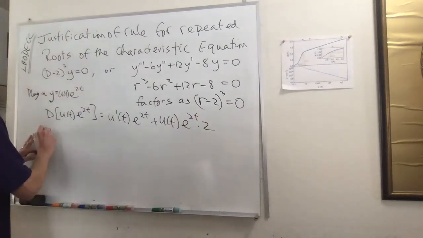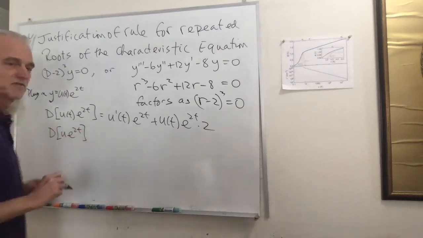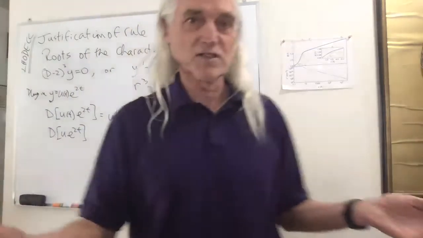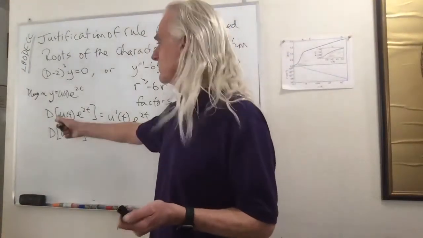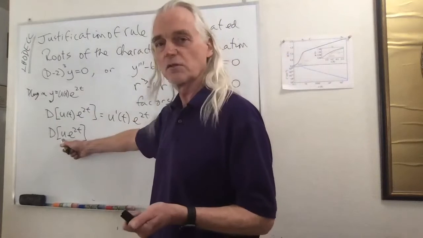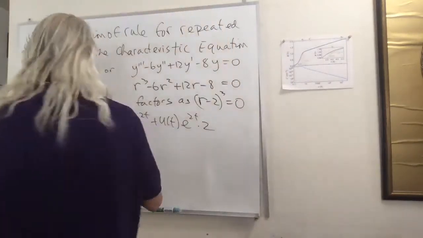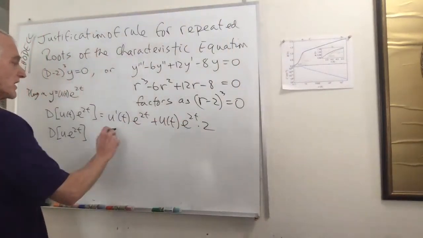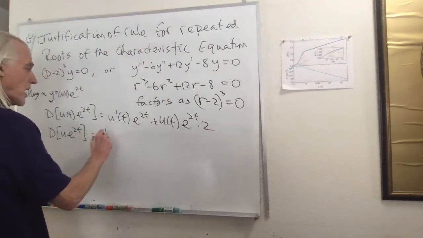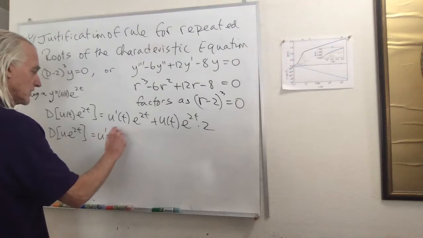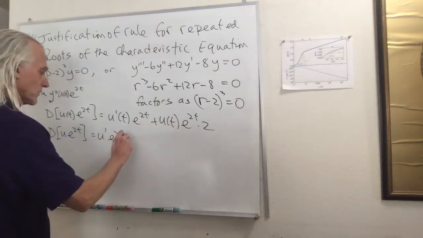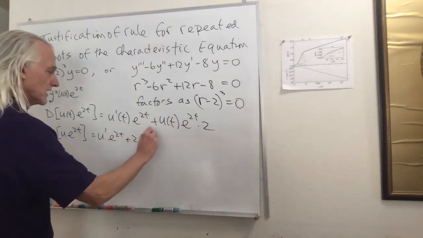Let's remember that u is a function of t. And as we do in differential equations, one of the things that makes it kind of hard is sometimes we drop the of t. So just u, but remember that u is a function of t. So if I do this, I get u prime e to the 2t plus 2u e to the 2t.